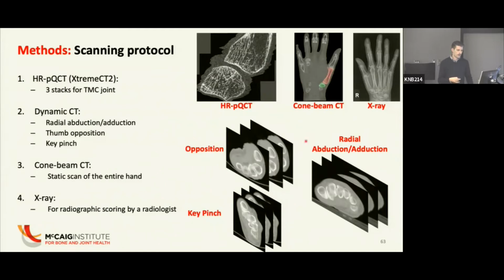And then we have our 3 dynamic CT movements here rather than just one like we were performing in the cadaveric study. So we have, again, the radial abduction adduction, but now we've added 2 more clinically relevant movements, being thumb opposition to the base of the pinky and a lateral key pinch, where we're having the participants actually put pressure and force down during that pinch. And then finally, we have some regular radiographs for scoring by a radiologist.